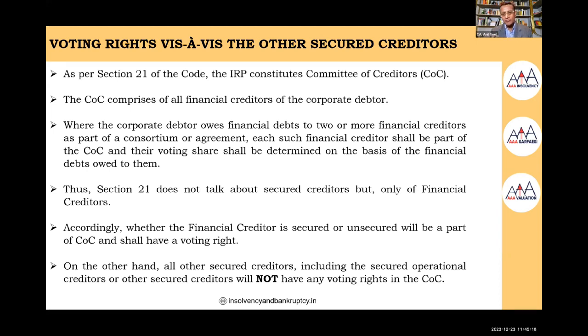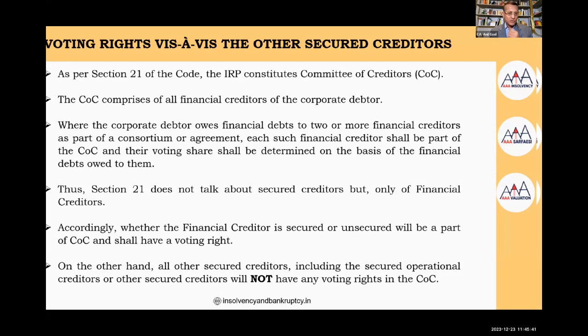If not a financial creditor, then they will not become part of the committee of creditors. This is very clear. Accordingly, a financial creditor, secured or unsecured, will become a COC member. On the other hand, all other secured creditors, including the secured operational creditor, other secured creditor, or indirect secured creditor, will not have any voting right in the COC.